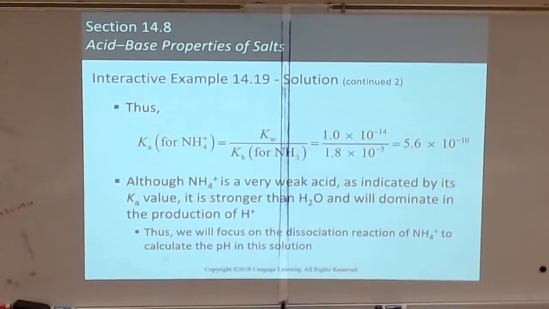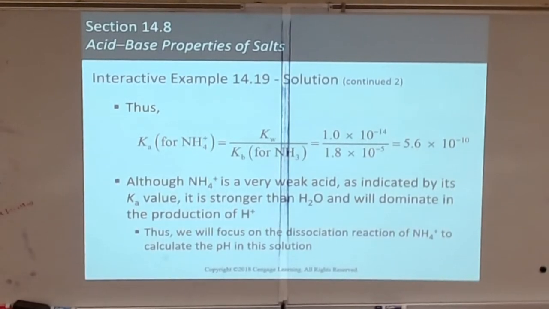Just be aware of what it is you're actually calculating for. Although the ammonium ion is a very weak acid, it is stronger than water and will dominate in the production of hydrogen ions. Notice that number there, right?